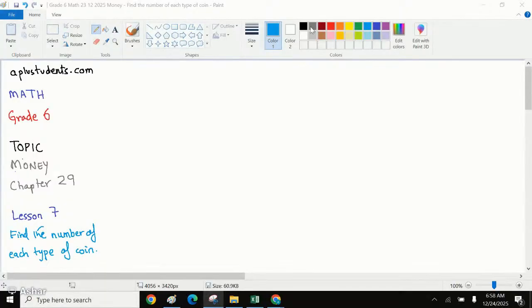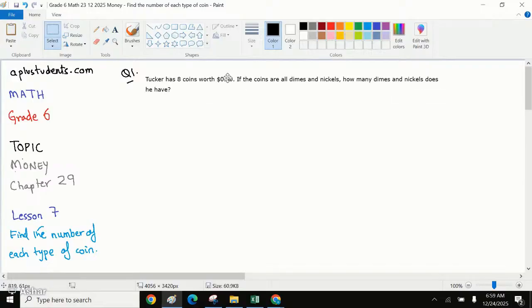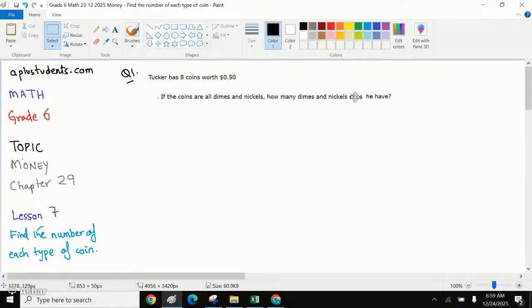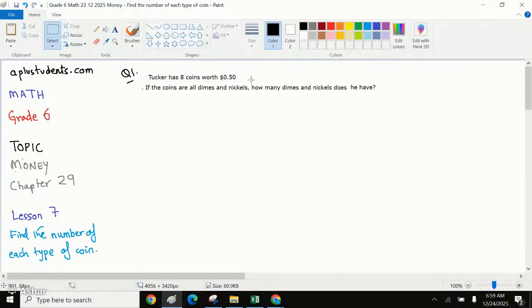So we have question number 1. I'll just rearrange this so that we can utilize the space. The trucker has 8 coins worth $0.50, right?